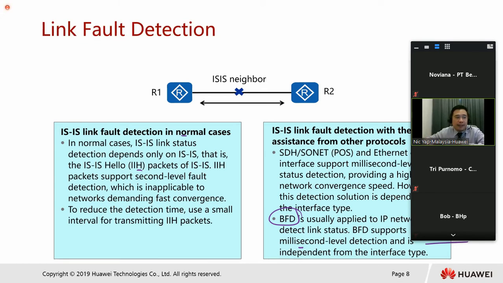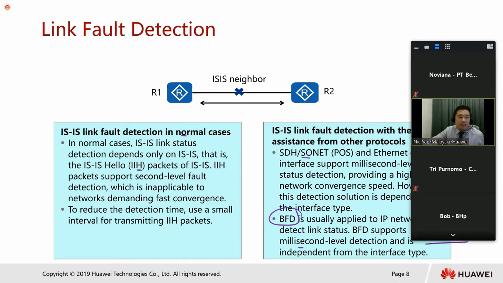Or you can base it on the interface itself, like SDH or SONET, and the Ethernet optical interface supports millisecond-level status detection, providing a higher network convergence speed. However, this detection solution depends on the interface type.